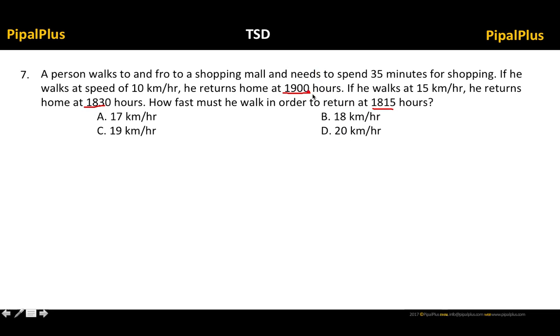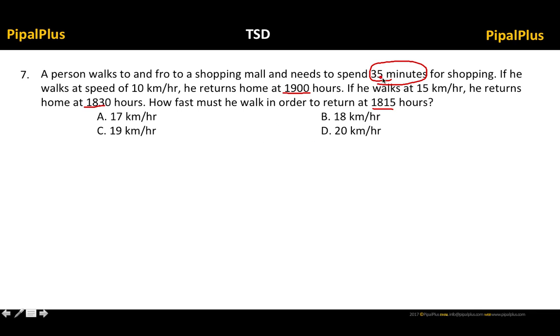Now what confuses the matters further is that this man is spending 35 minutes at the mall. So it would seem to complicate our discussion here, but really if you think about it, this 35 minutes spent in shopping does not really matter to the travel time, the walking time from home to the shopping mall and from shopping mall back home.